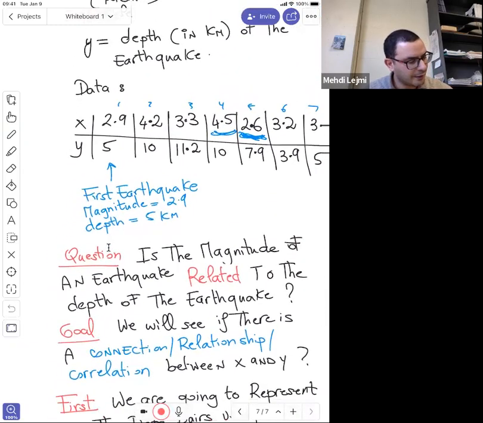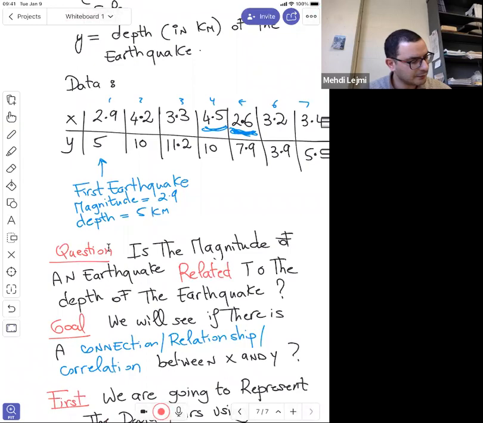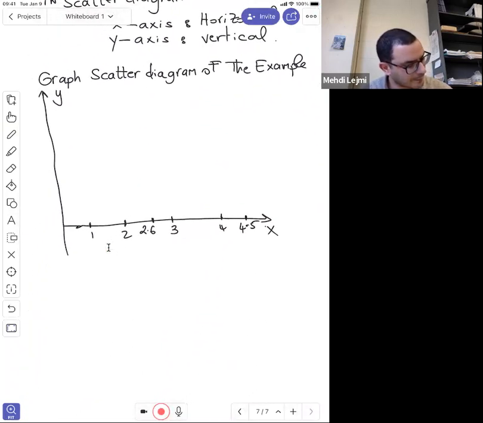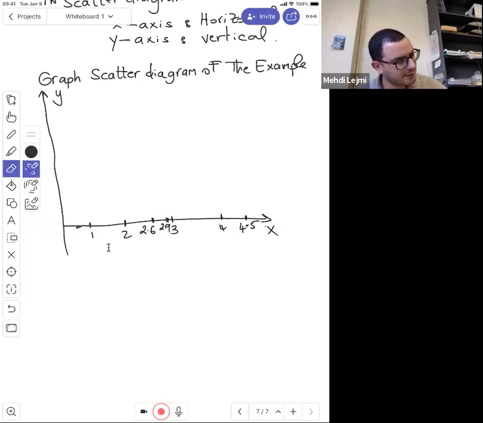Now there's 2.6, and then there is 2.9. It's better to have larger units here.